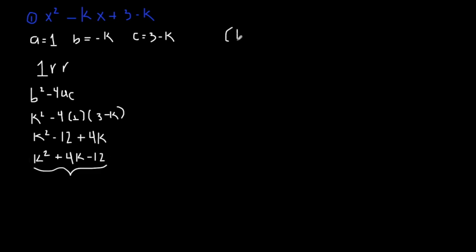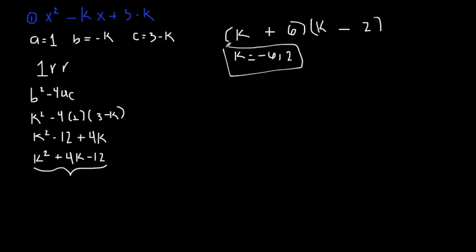You're going to factor this trinomial, k and k, and then factors that multiply to give 12, but subtracting gives the one in the middle, that's 4. So it's 6 positive and 2 negative. So k is going to be minus 6, 2. And that's it. These are the values of k, and this is the procedure for one real root.